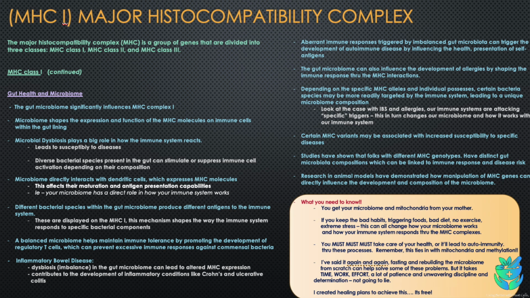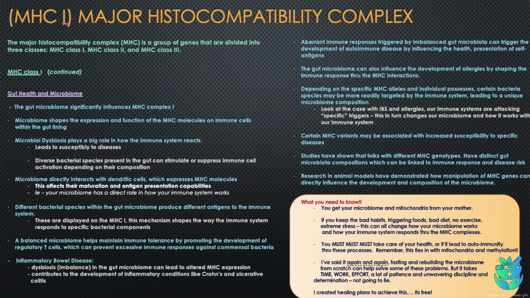Diverse bacterial species present in the gut can stimulate or suppress immune cell activation depending on their composition. The microbiome directly interacts with dendritic cells, which express MHC molecules. This affects their maturation and antigen-presenting capabilities, i.e., your microbiome has a direct role in how your immune system works.